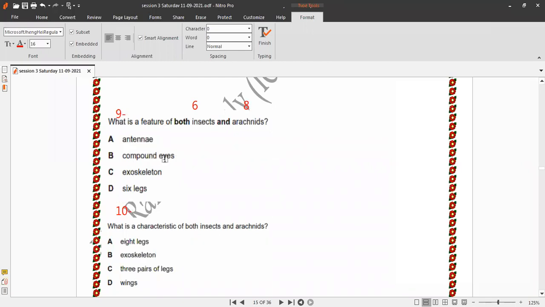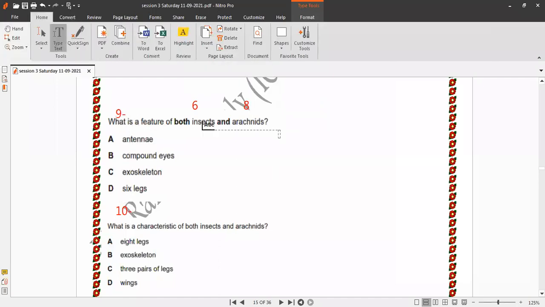B, compound eyes. No, insects have compound eyes, but arachnids have several simple eyes, so B is not correct either. But I said all arthropods have an exoskeleton. The correct answer here is C.